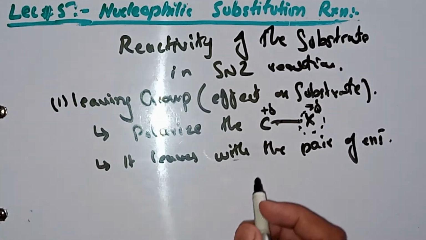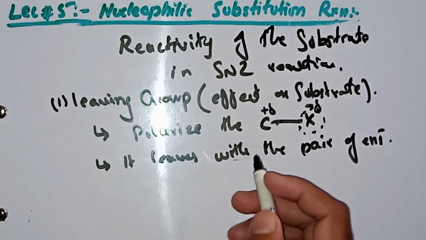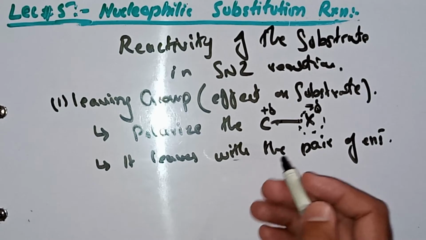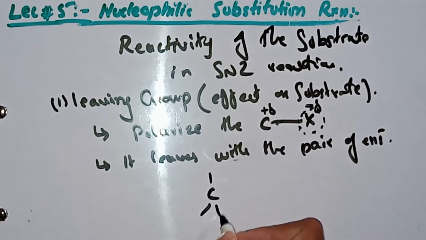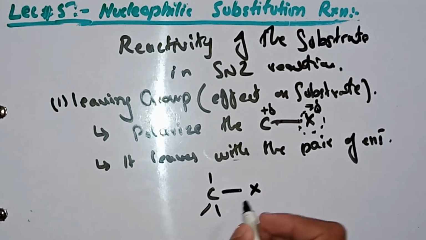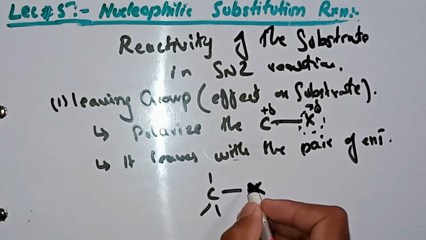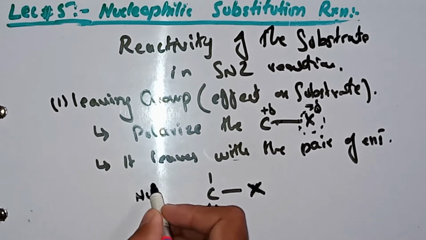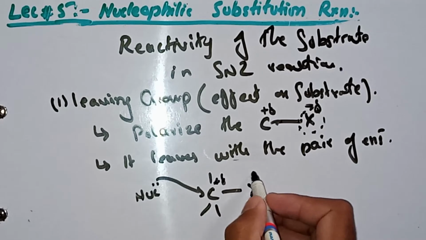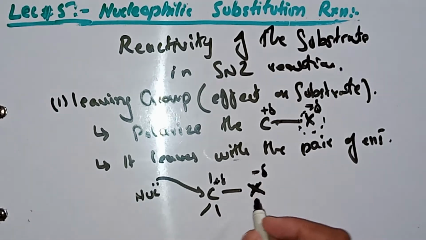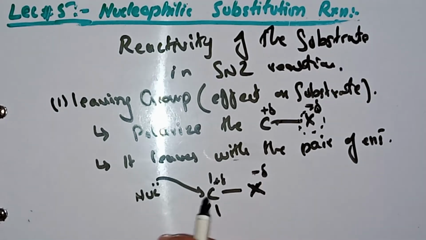This is the second purpose, because the nucleophile has the property that it can donate a lone pair of electrons. Let's suppose this is the nucleophile and this is the substrate. When the nucleophile attacks this carbon, which has a partial positive charge, while the halide ion or leaving group has a partial negative charge due to electronegativity difference, the nucleophile donates its lone pair of electrons to this carbon.